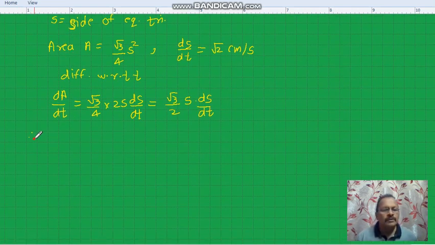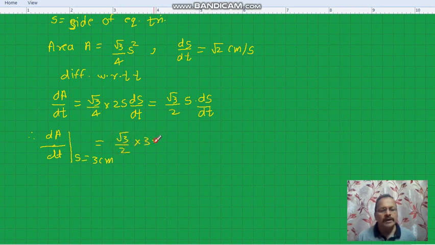And therefore dA by dt, when s is equal to 3 centimeter, is given by √3 by 2 into 3 into ds by dt, which is given as √2.